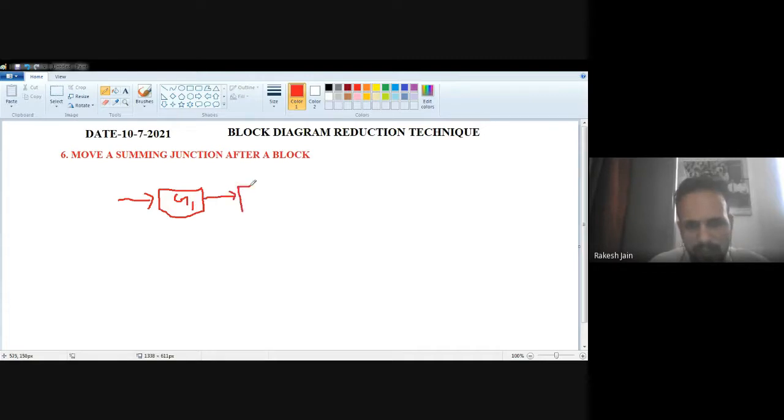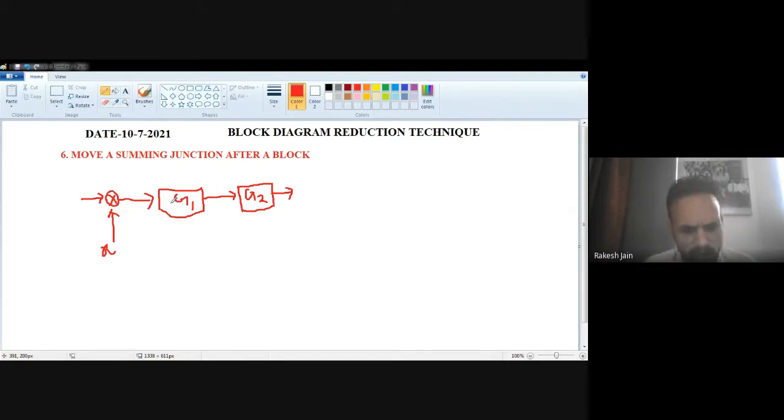Let's suppose this is a diagram. Here this is a summing junction, and I just wish to move this after the block. Let's suppose I wish to move this summing junction after this G1 block.